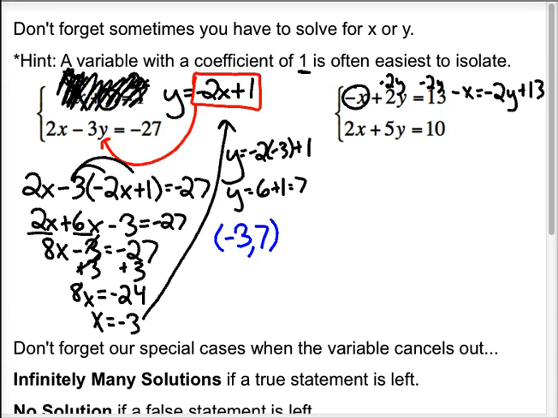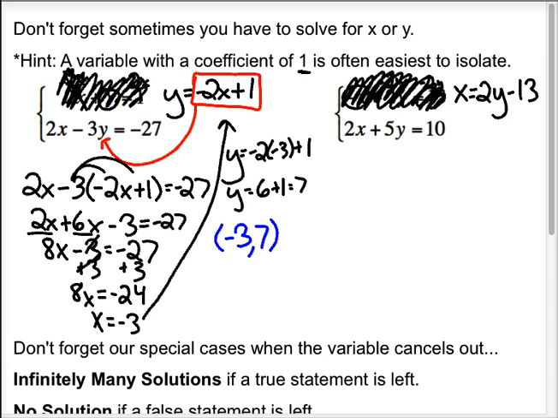But the x isn't quite by itself, is it? I need to divide everything by negative 1 to get rid of that negative. And essentially, remember, if you divide something by negative 1, all it does is flip all the signs. So I'm going to have x equals 2y minus 13. And then that'll be getting that x by itself. And now, again, I don't need this anymore.